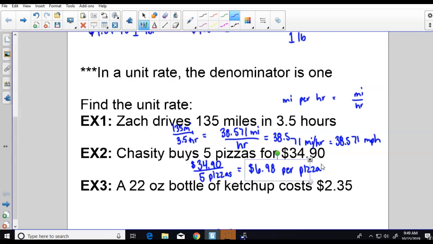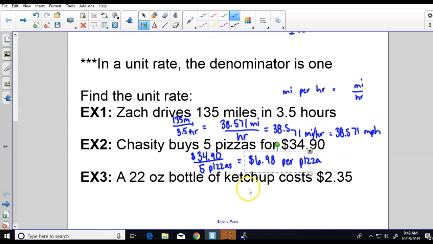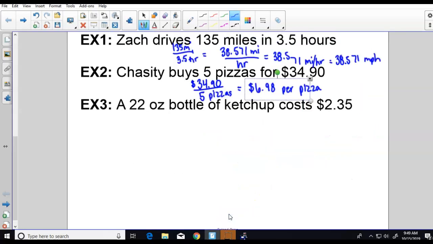And so, for example 3, we've got a 22-ounce bottle of ketchup. It costs $2.35. So, if we're in the grocery store, we might need to compare it to the 40-ounce bottle to see which one is cheaper. So, you would have $2.35 divided by 22 ounces.